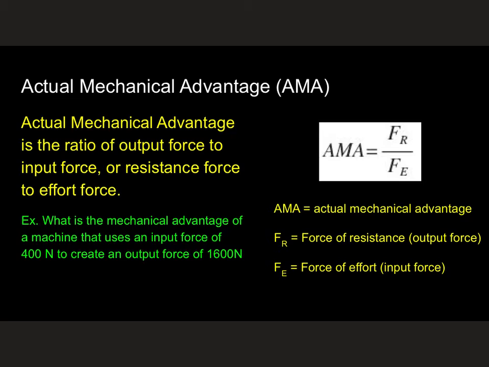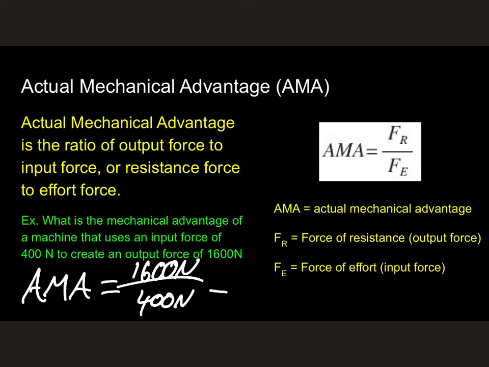I'm going to say that that's an AMA, and it's going to be equal to that force R, or force out, which we said is 1600 newtons, divided by the force in, which is 400 newtons. And that's going to go in there 4 different times. So that's my answer. I don't have any units with it because it's just a ratio. Remember, ratios.